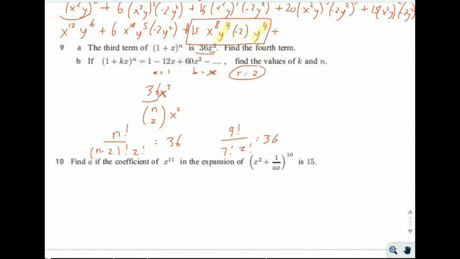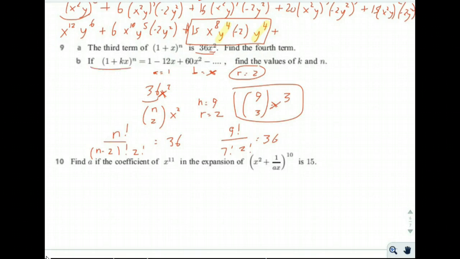Okay, so we just found out then that n is 9 and r is 2, and so the fourth term we could find by finding this, and then this would be multiplied times x to the third. Okay. All right.